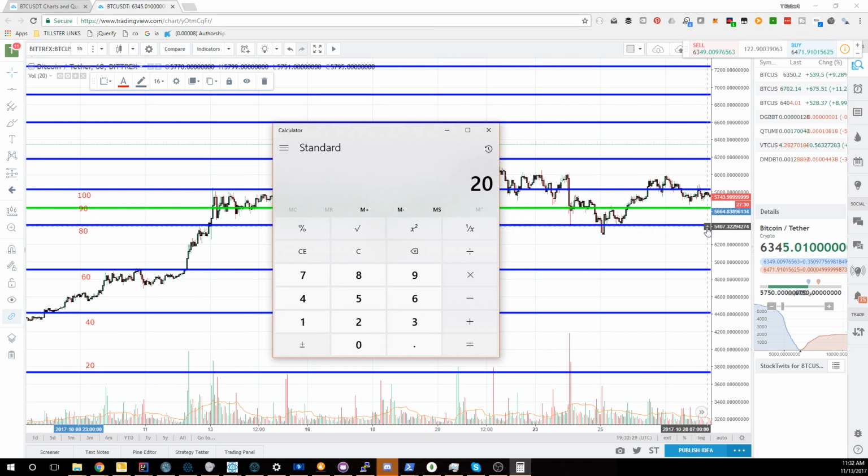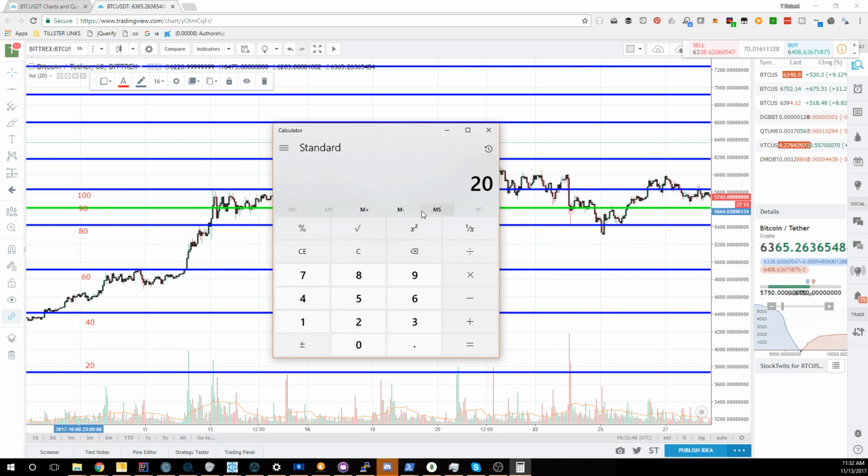You bought at 100, you bought at 80, that makes them worth 90. If you sell them for 100, you're making $10 on every Bitcoin, $10 on every coin.